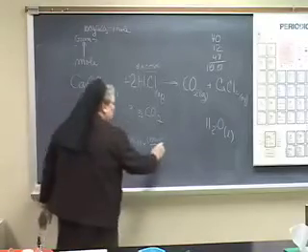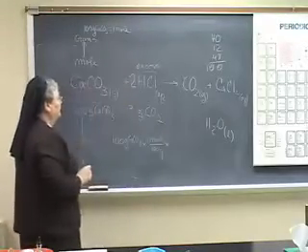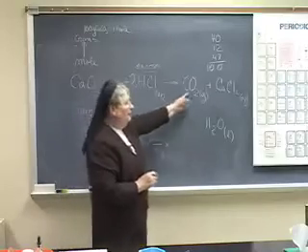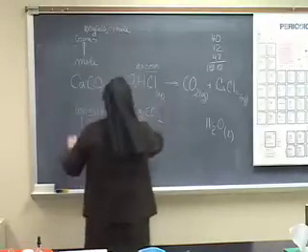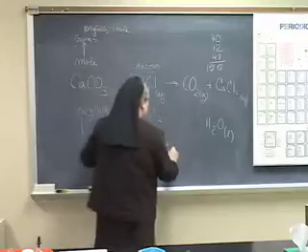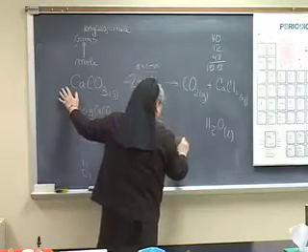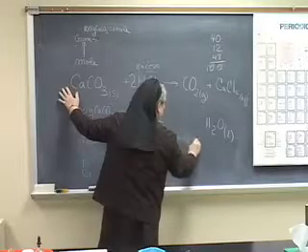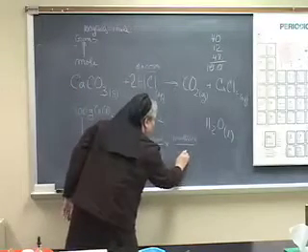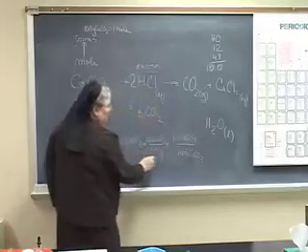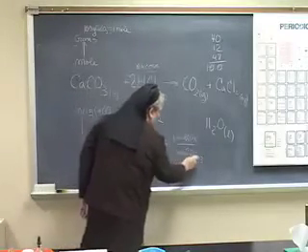Now, the next thing depends on the stoichiometry. I have to go from moles of calcium carbonate to moles of carbon dioxide. And I can see there's 1 mole to 1 mole from the balanced equation. So I say 1 mole of CO2 per 1 mole of calcium carbonate. That's the stoichiometry. Cancels, cancels.